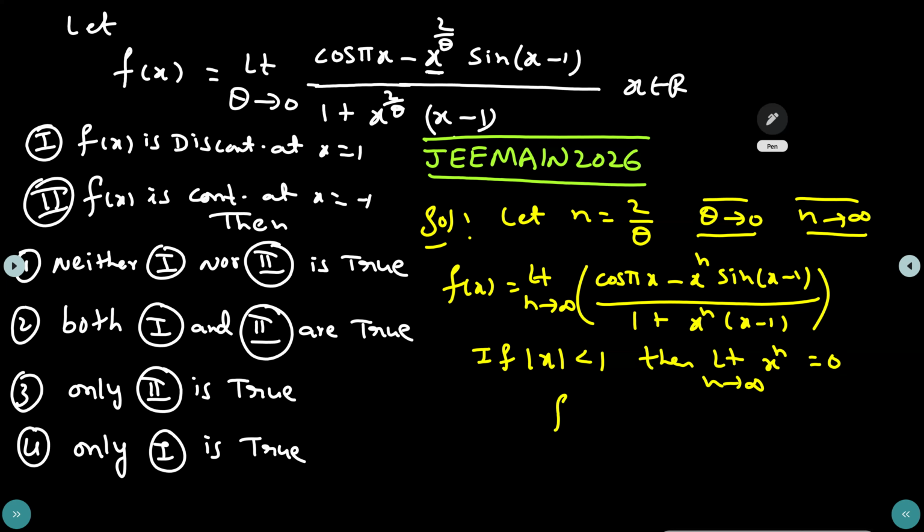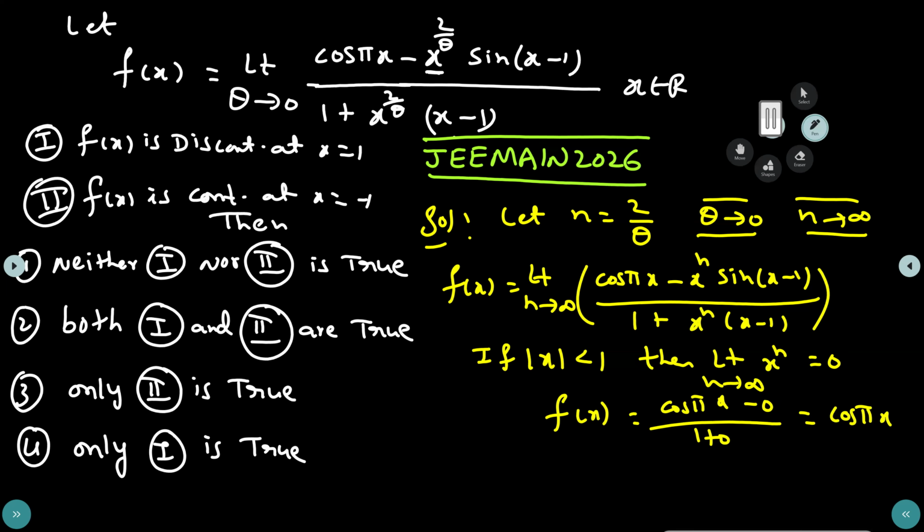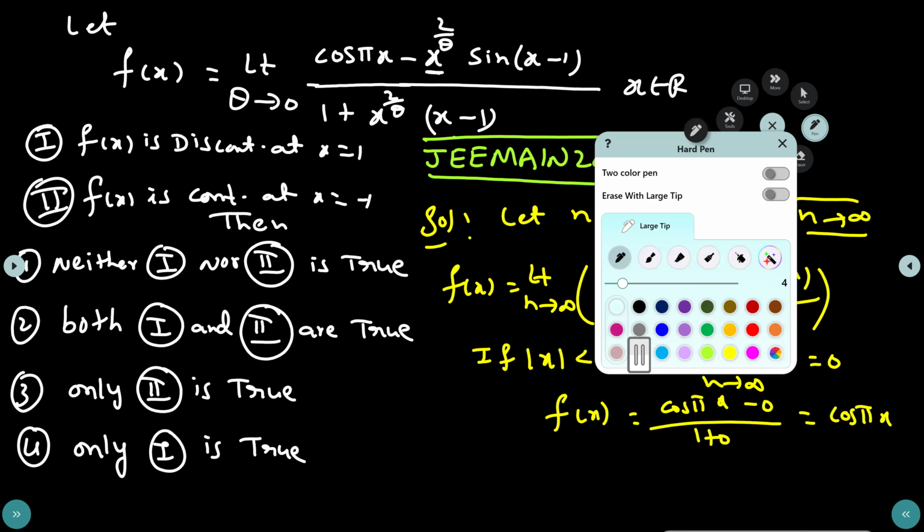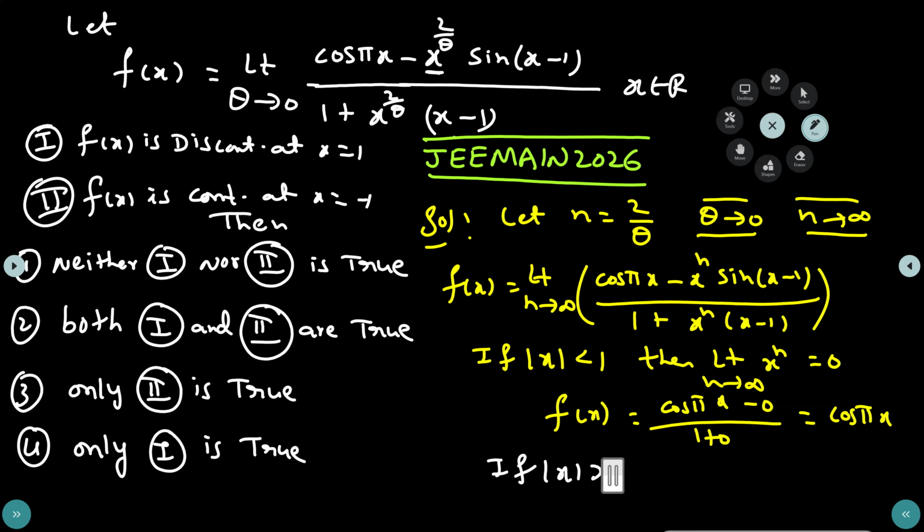Now the given f of x becomes cos pi x minus 0 by 1 plus 0, which gives cos pi x. Now for the second case, if mod x is greater than 1, what about this limit as n tends to infinity?